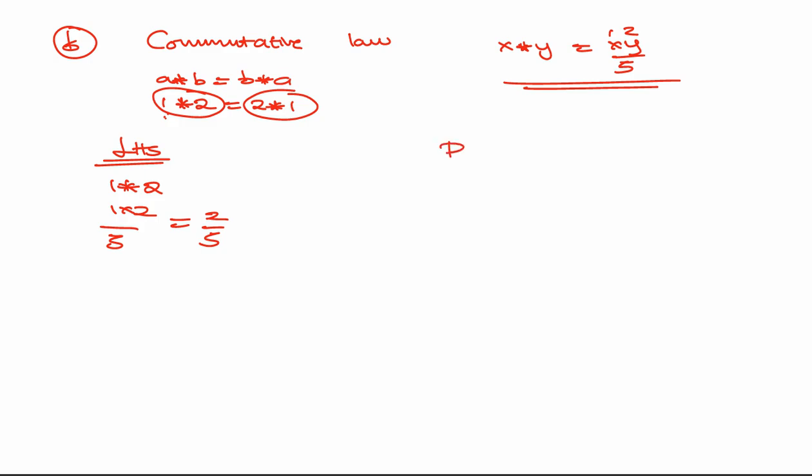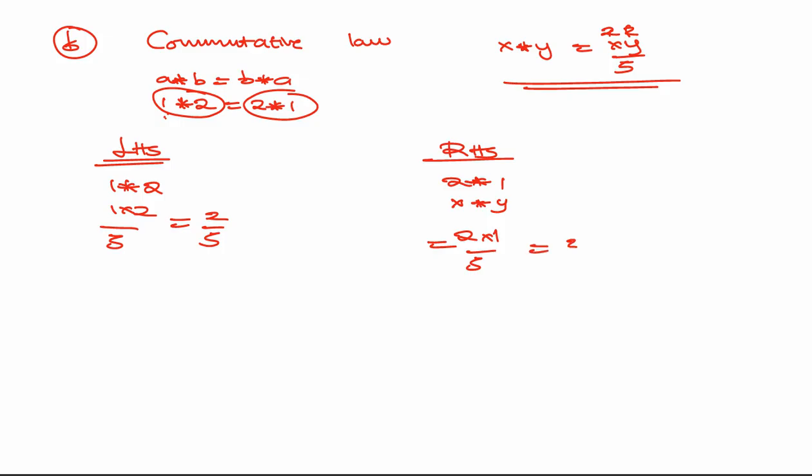Let's now test the right hand side. We have 2 star 1. That means now x becomes 2 and y becomes 1, because what we are actually doing is x star y, so don't get confused on that. Where there is x, we put 2 there, times 1 over 5.